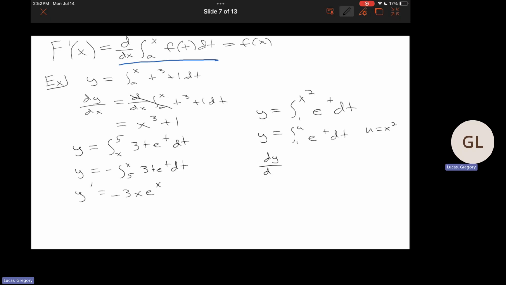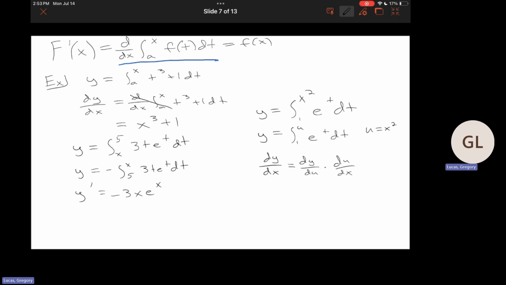So what I'm doing is when I take dy dx, or y prime, whatever we want to call it, I'm saying it's the same thing as dy du over du dx, which is the chain rule. So dy du times du dx is dy dx. The du's would cancel out, but now I can take the derivative with respect to u.